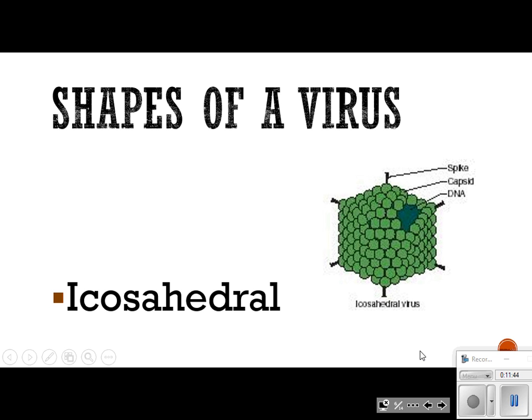Some viruses take RNA and make DNA. So they take an RNA script and make DNA from the RNA. So that's a different type of virus. And if you want to take AP Bio later on in your high school career, you probably could learn about that.